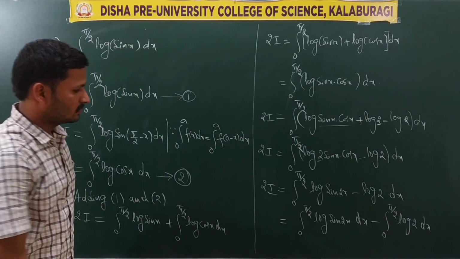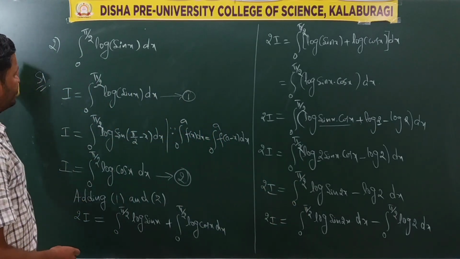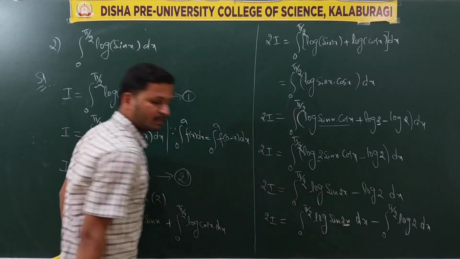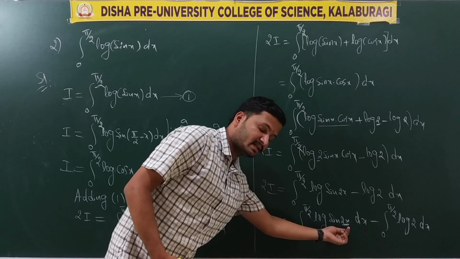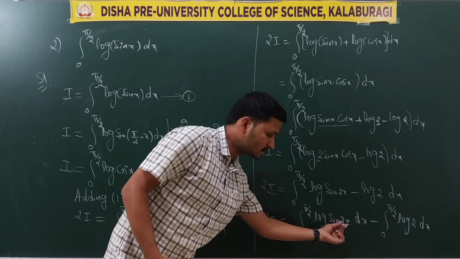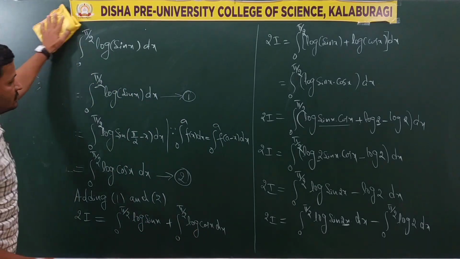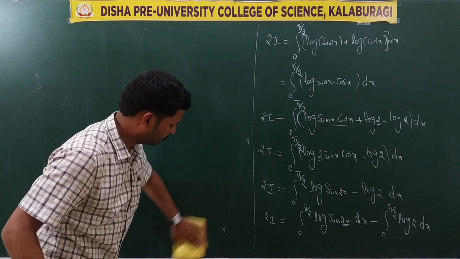Okay, yes. So now substitute 2x is equals to t. In the first integral sin 2x is there, so in place of 2x take t. So put 2x is equals to t in the first integral.